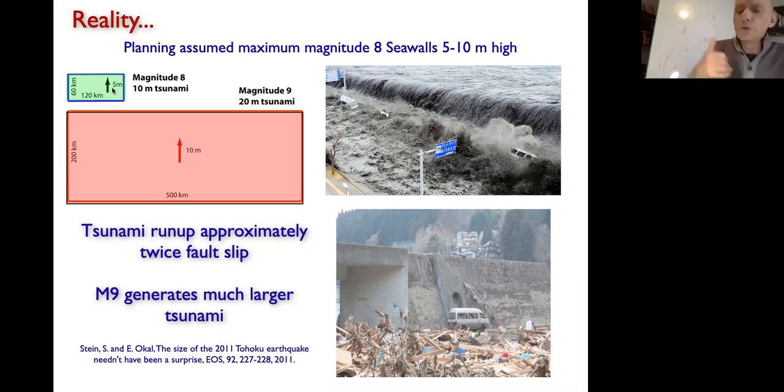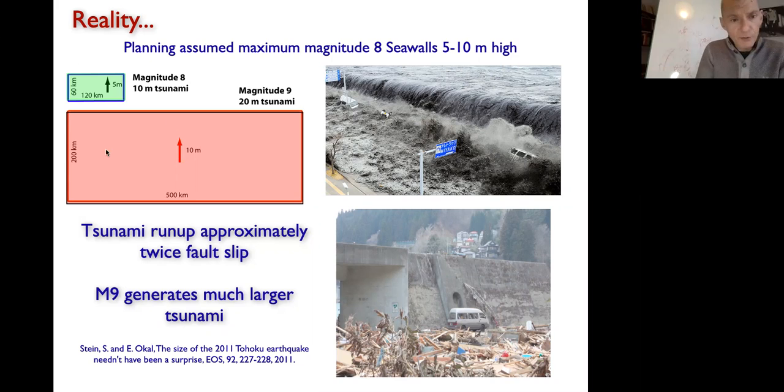And as a rule of thumb, from a 5 meters slip on a fault you can have 5 meters or less in open ocean, but twice that as a run-up. So 10 meters. And that was fine with the available defenses.